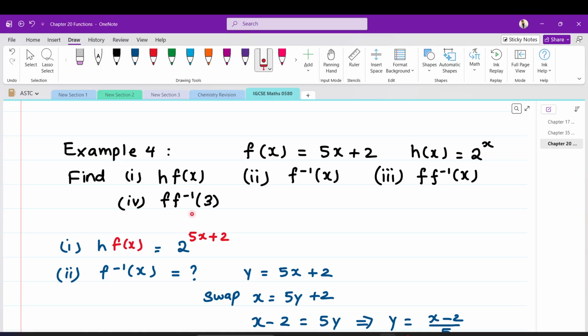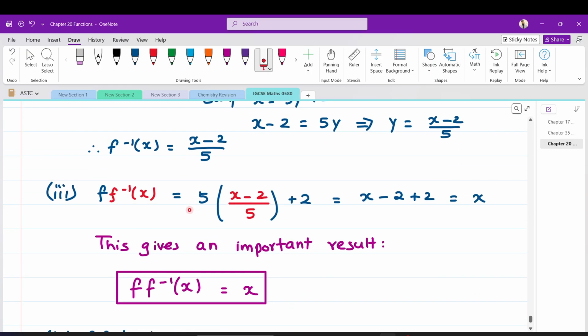But I don't have to actually do all of that, because when you apply an inverse function followed by the original function, you will still end up with the same value that you plugged in the first place. Let me show this to you again.